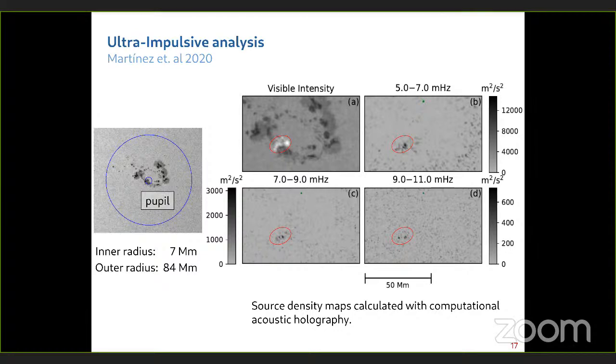Succeeding images from panels B, C, and D show the source density maps calculated at different passbands between 5 to 7 millihertz, between 7 to 9, and between 9 to 11 millihertz. As the frequency increases, there is a sharpening in the features located here in these maps.